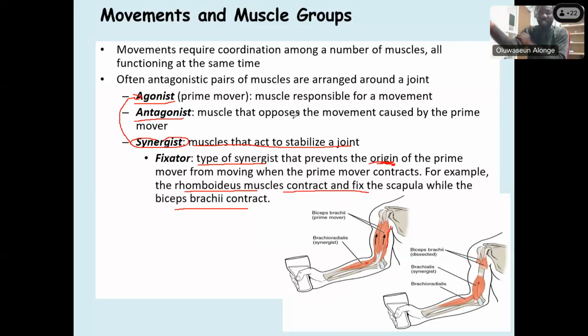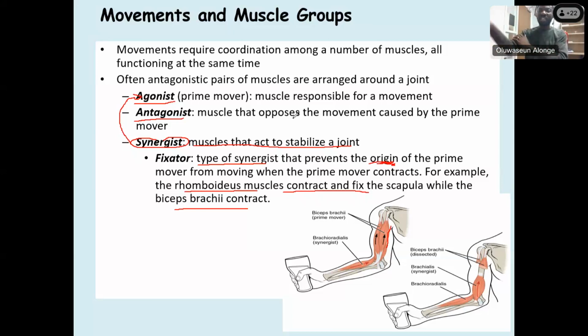It is the tricep that is contracting. So when you are extending, the tricep becomes the agonist and the bicep becomes the antagonist at that point. Does that make sense? There is no rule that says that when this muscle is an agonist, it will always be an agonist. It depends on the movement being considered.